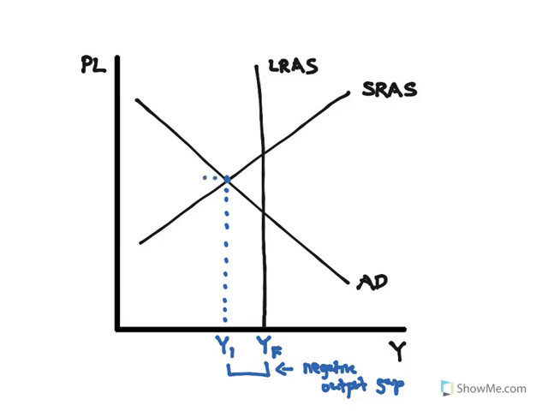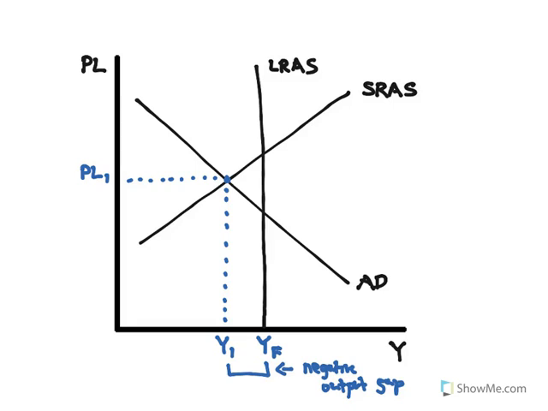And so we can put our price level here at PL1. And so this is where the economy is if it's in a recessionary gap. If you want a way to remember this, it's when the intersection point of AD and SRAS is to the left of the long run aggregate supply curve. That's how you can remember it.